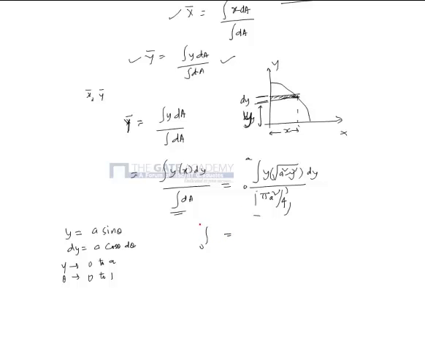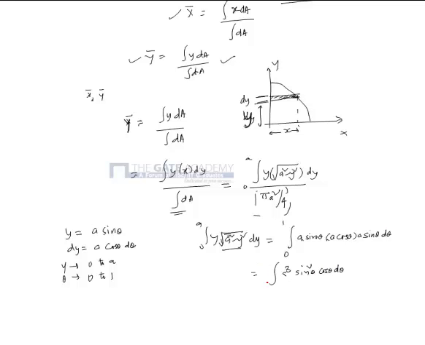So the integral from 0 to a of y times square root of a square minus y square dy will become, y is a sin theta, and this term will become a cos theta, and dy will be a cos theta d theta. So it will be basically a cube sin theta cos square theta d theta.